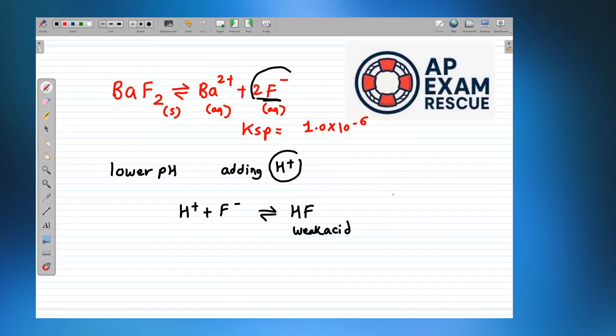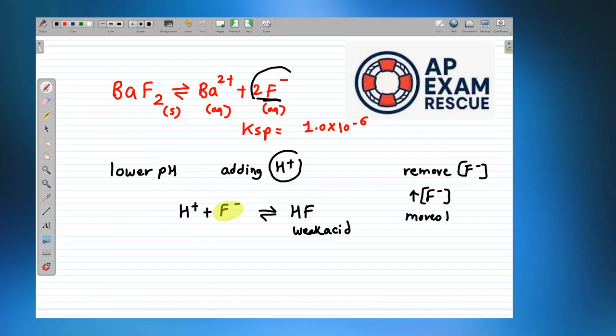So what happens when you remove the F minus ions? The solution will try to replace F minus, right? Why? Because it consumed it and changed it into HF. So what happens when the solution loses F minus? What is the response according to Le Châtelier? It moves backward. It tries to increase the F minus, so it moves backward.